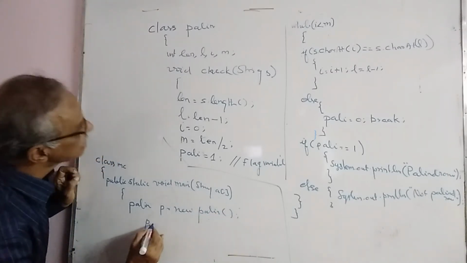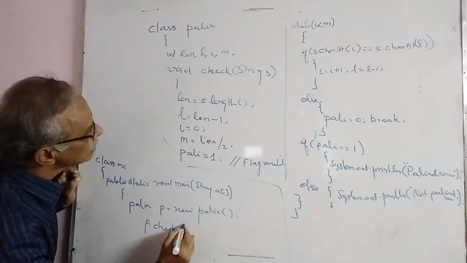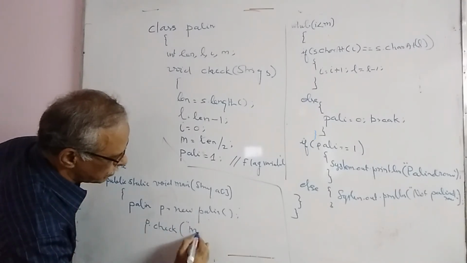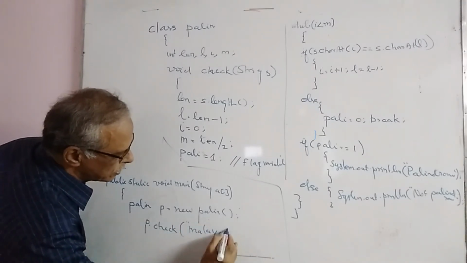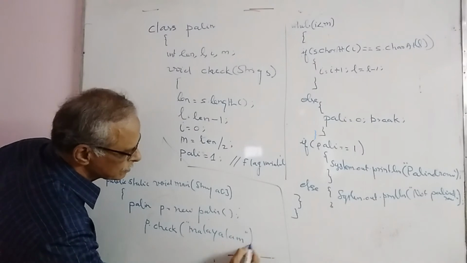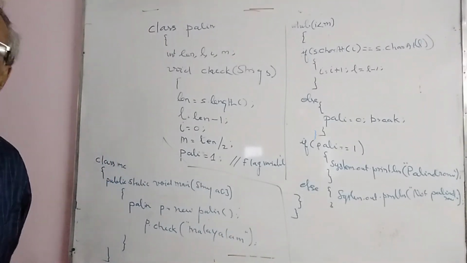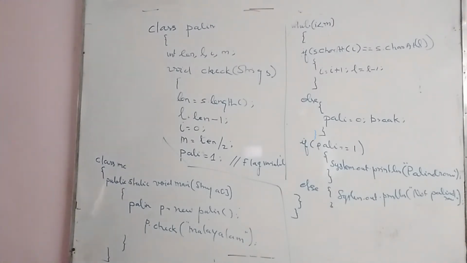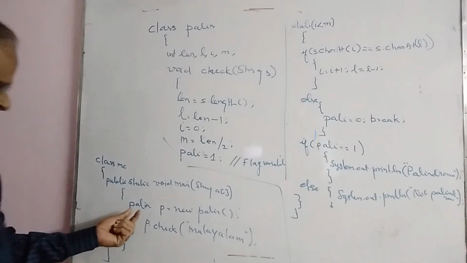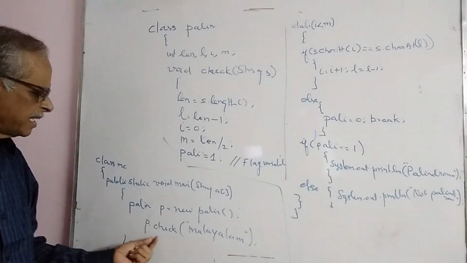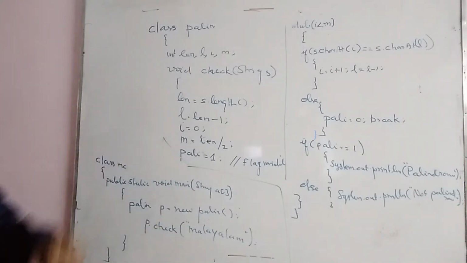P dot check. This is the main class where we create an object for palin and call the method check.